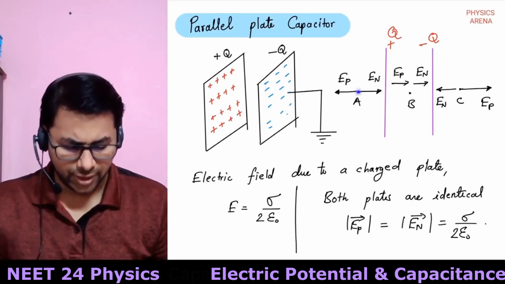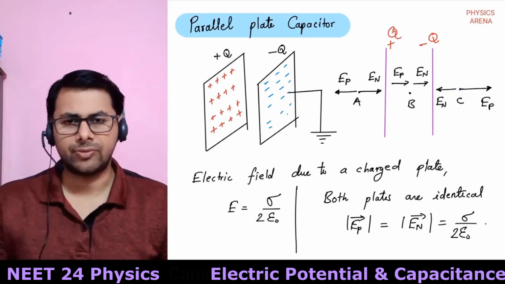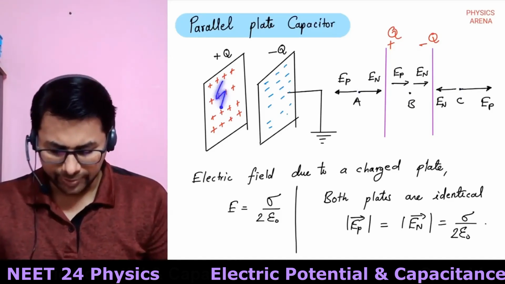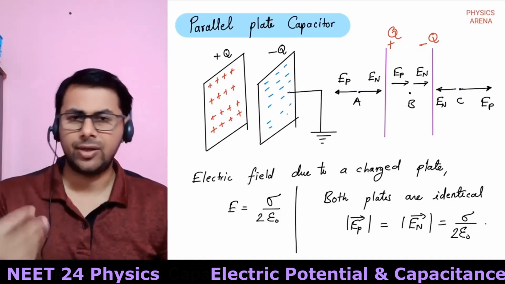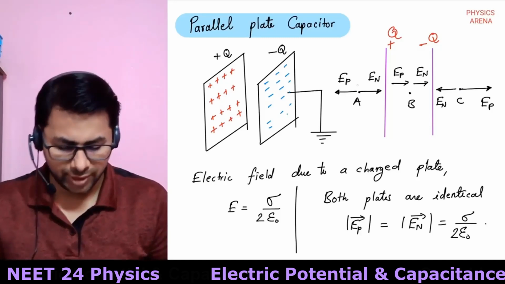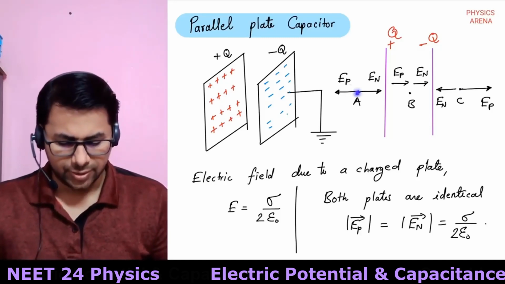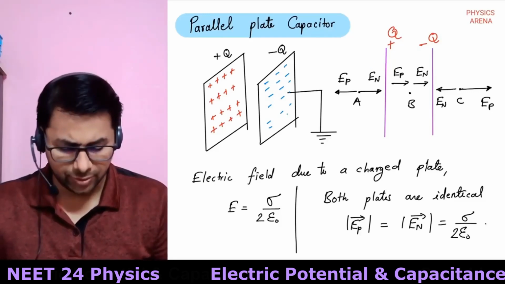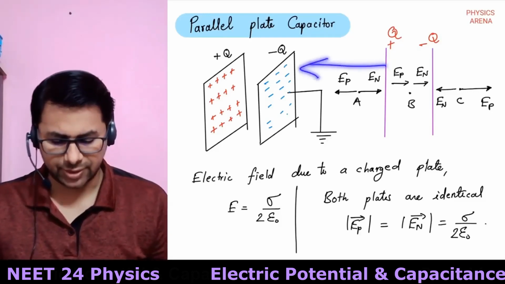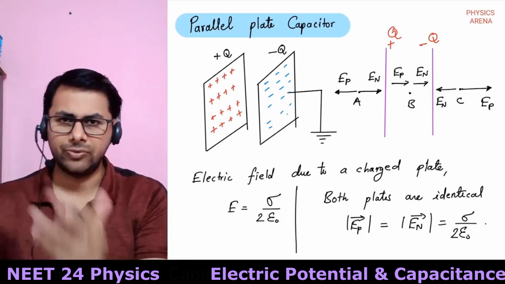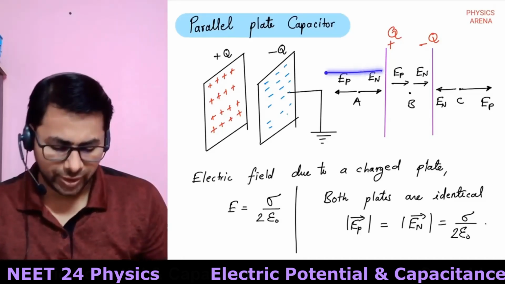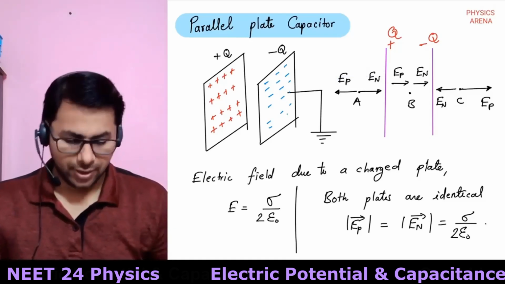Here and here the electric field will be equal to 0. Why? Because the electric field due to both of them will be equal in magnitude, but if you consider this point, the electric field due to the positive charge will be in this direction, radially outwards, you can say, or along the outward normal to this plate.